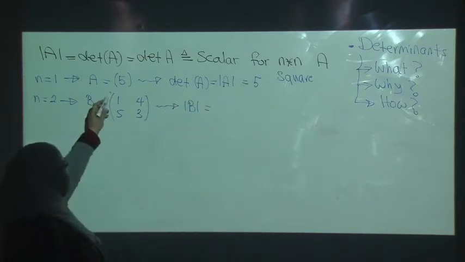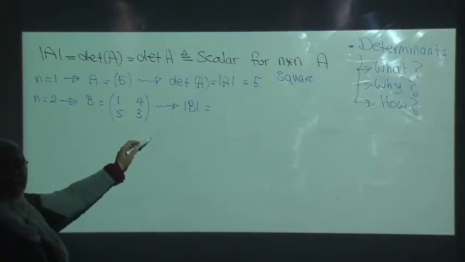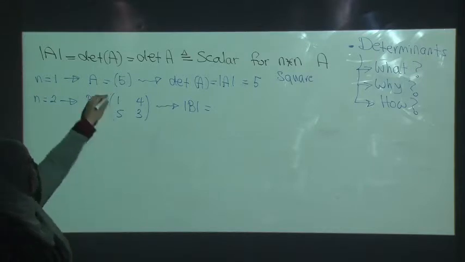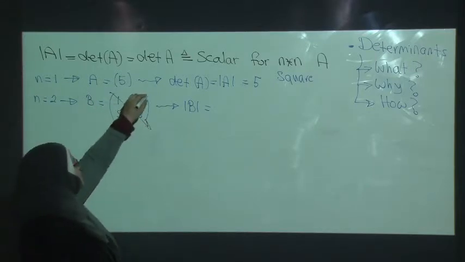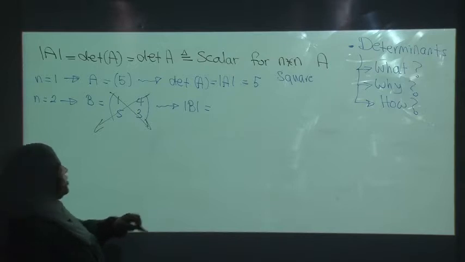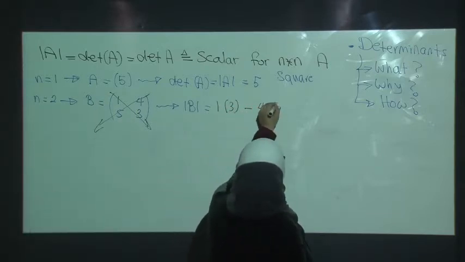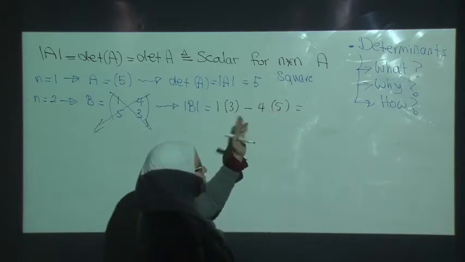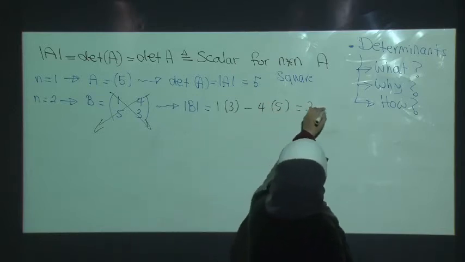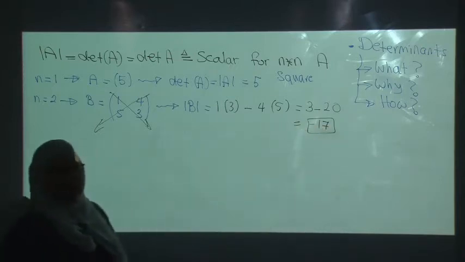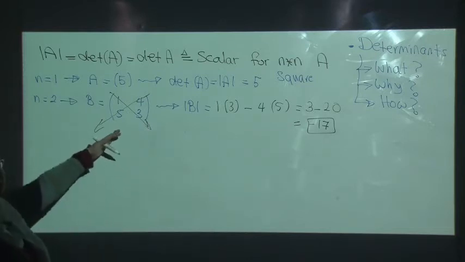It will be the product of the main diagonal elements, which means 1 times 3, minus 4 times 5. So 3 minus 20, which means negative 17. Here is the scalar quantity, which is the determinant of that matrix.